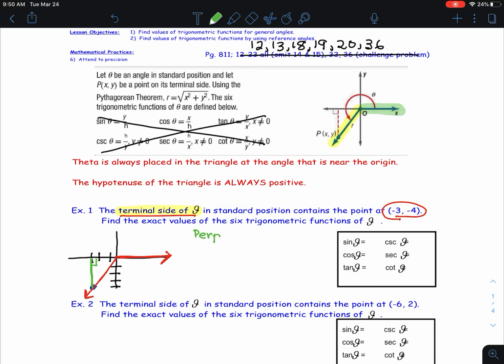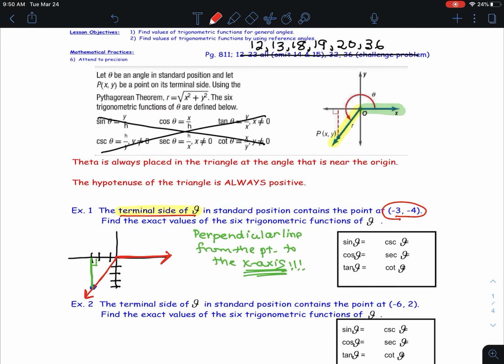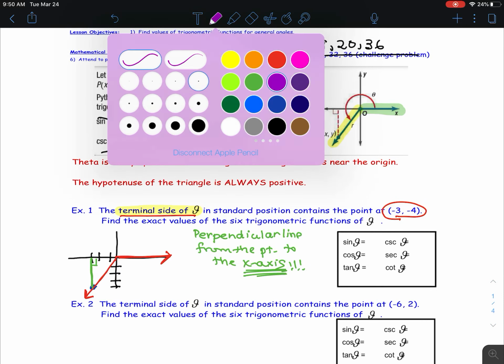It's always a perpendicular line from the point to the x-axis. That's the important part there, always to the x-axis. When you do that, you can see that there's a triangle that's formed.